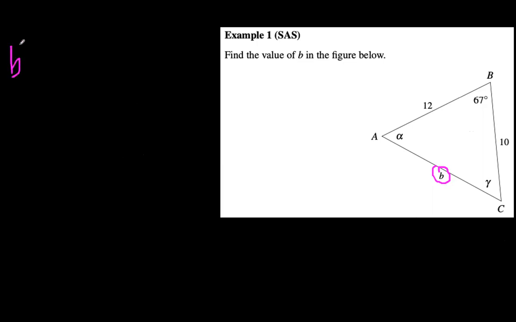The formula we'll be using is b squared is equal to, why b squared? Since we're looking for b, right?